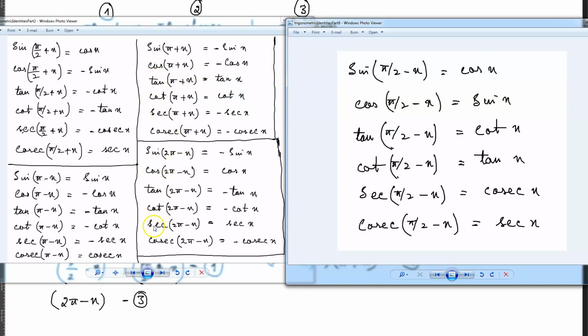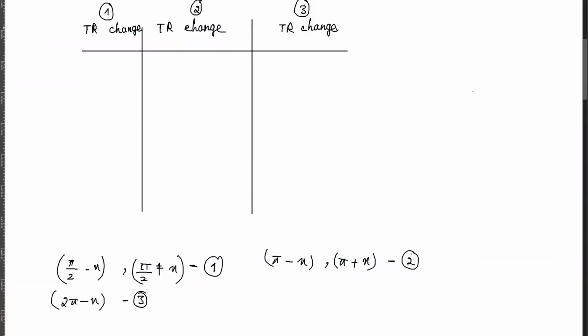In the case of cos and secant, it hasn't changed. So I'm going to take the cases where the sign has not changed. For example, in the case of sine and cosecant, it's positive, positive, positive, positive. So I'm going to call the other row or column, not sign change.